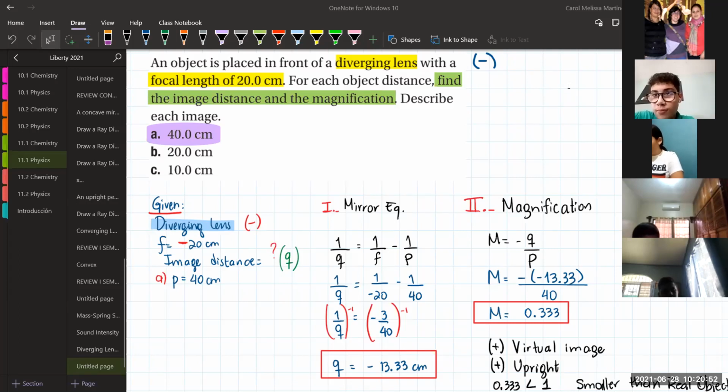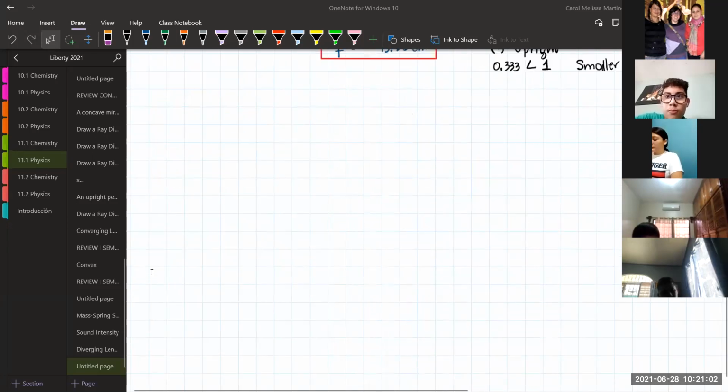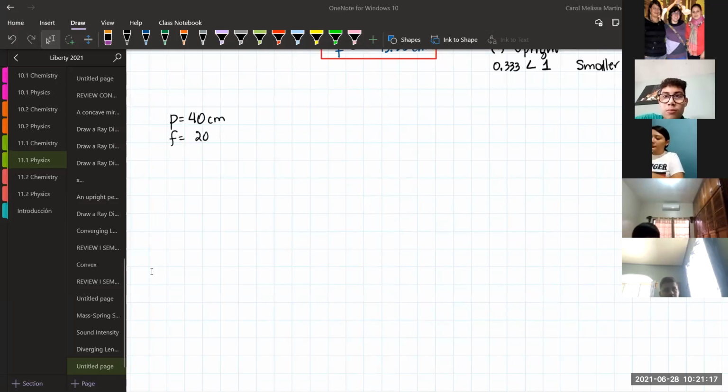Now, 40 and 20, the two values that we need to sketch are quite large numbers, so we need to use a scale. What scale do you think we can use for the ray diagram? This is the data that we have. We have P, which is 40, and we have F, which is 20 centimeters. What scale can we use for these two numbers?